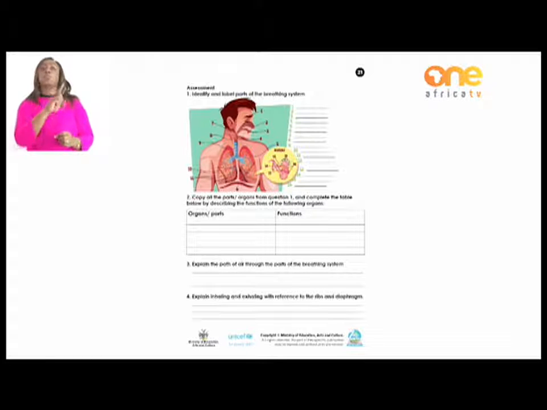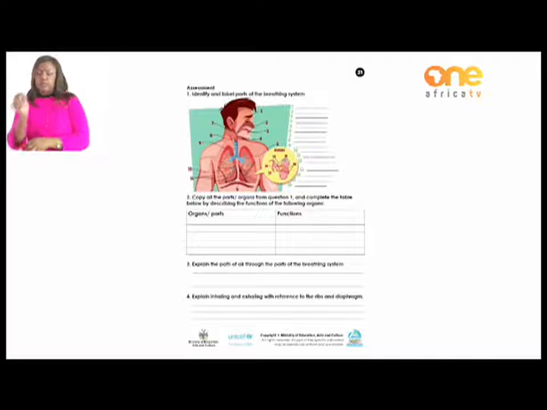Question 2, copy all the parts or organs from question 1 and complete the table below by describing the function of the following organs. Let's not do all of them, we are only going to look at a few: nasal cavity, lungs, diaphragm, nose, and the mouth.